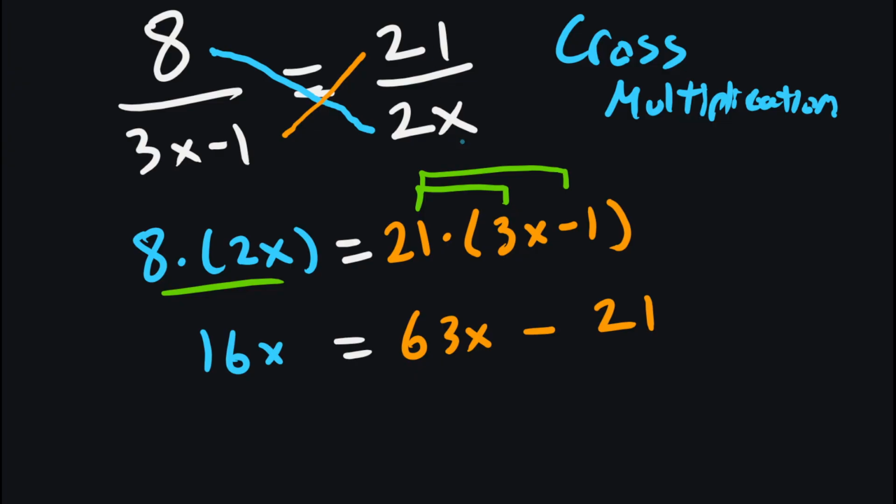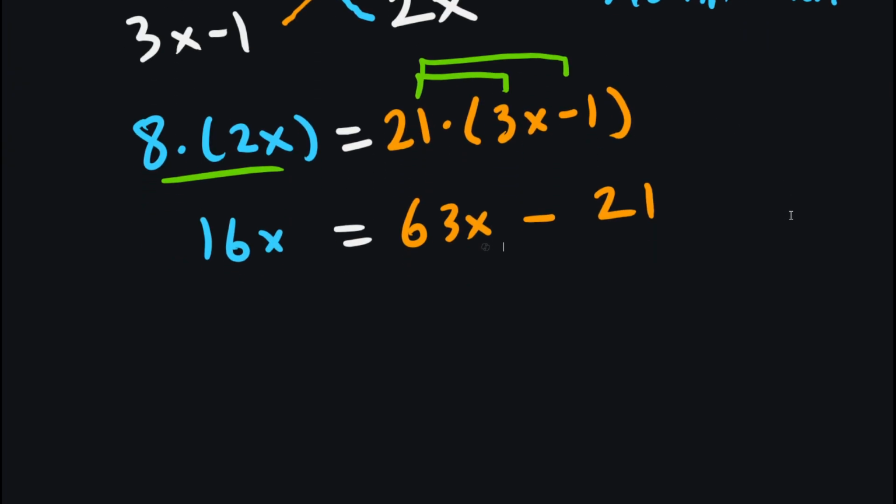We can keep simplifying until we get to x. We have x's on both sides of the equal sign, so let's subtract 63x from both sides.